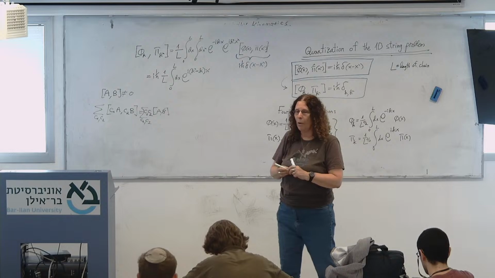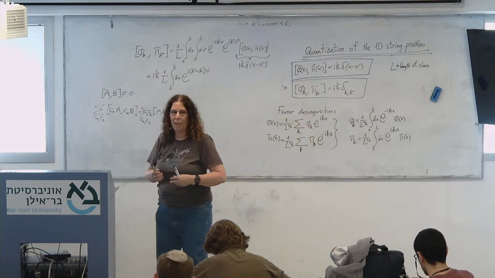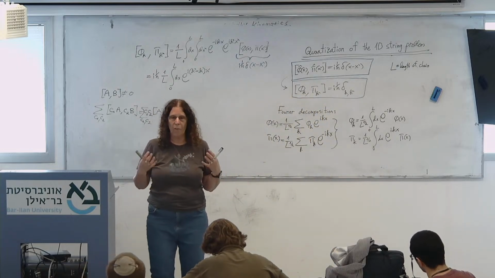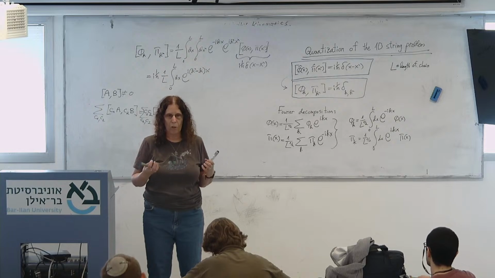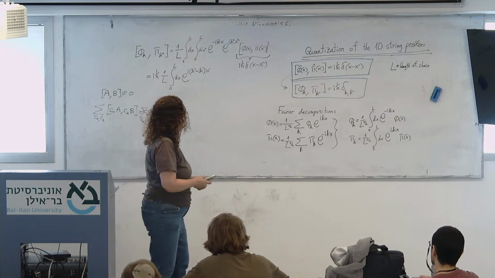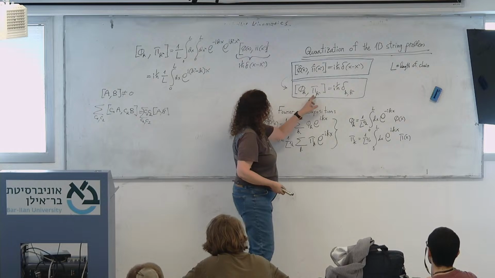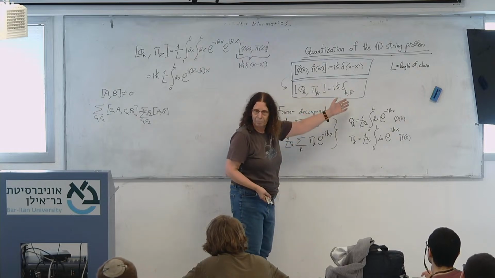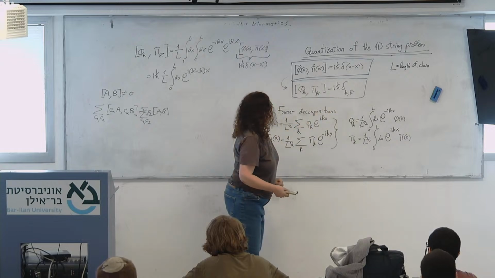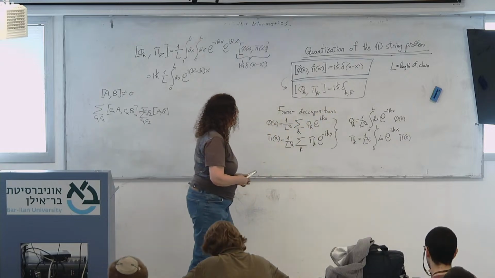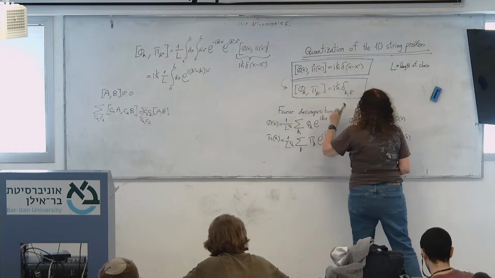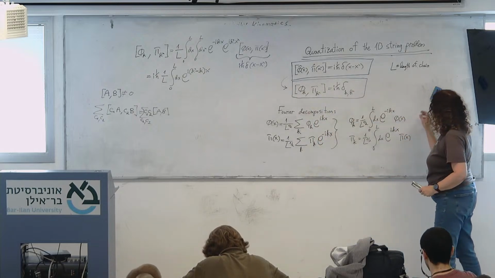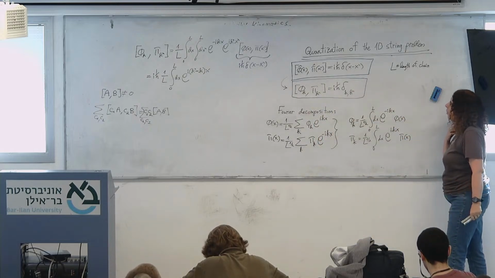We're talking about objects that are extended, that are collective excitations of the string, not just one particle, but nevertheless, they obey canonical commutators that look very much like a single particle. Okay, so now let us plug this Fourier transform into the Hamiltonian.